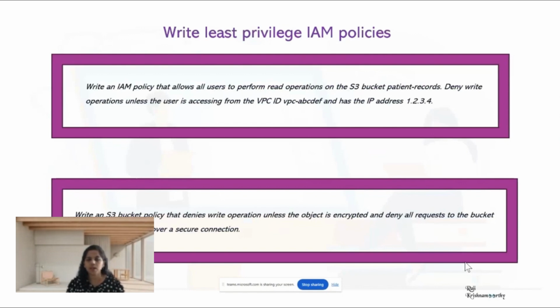And we'll also introduce some conditions where we will say that the user should be from so and so VPC ID, and the user should be accessing from a particular IP address. Only then the read operation should be allowed, which is what we typically do.